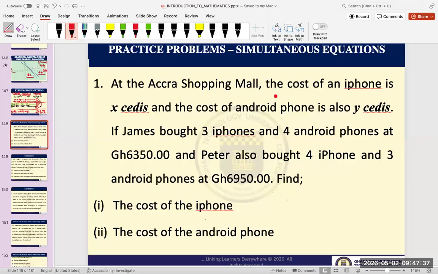At the Accra shopping mall, the cost of an iPhone is X cedis. It means that they have hidden the cost. And the cost of an Android phone is Y cedis.